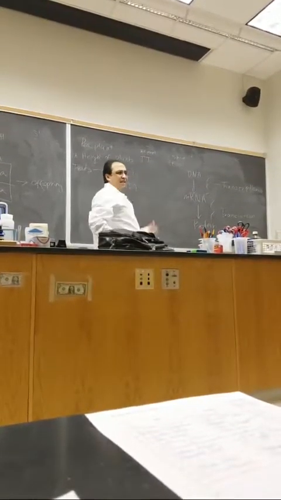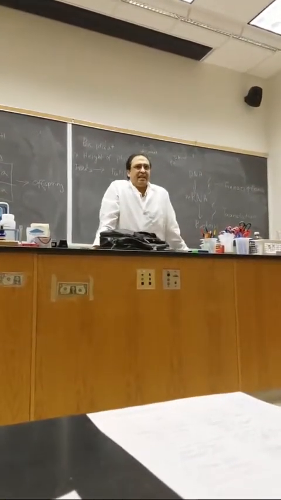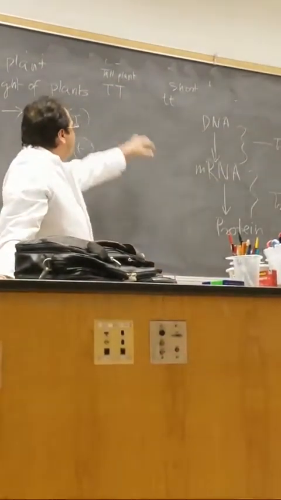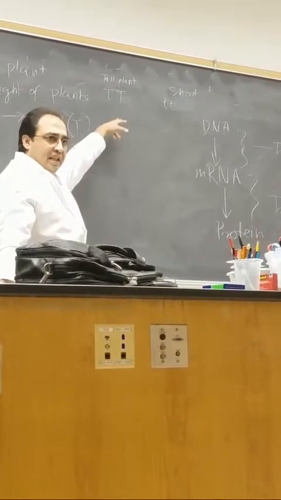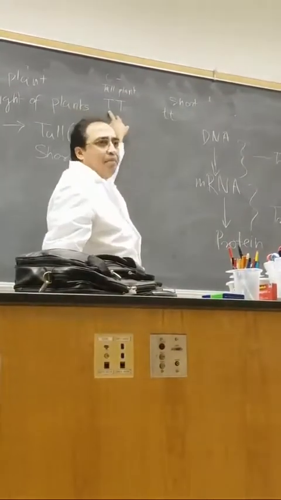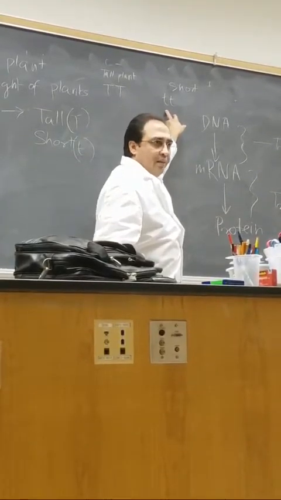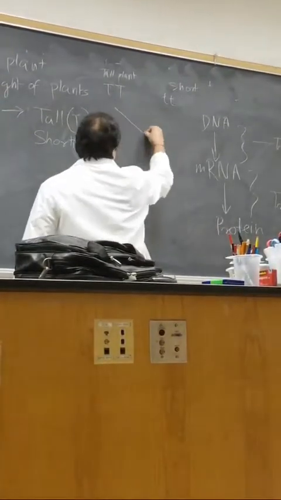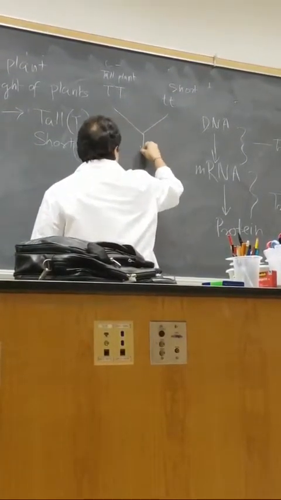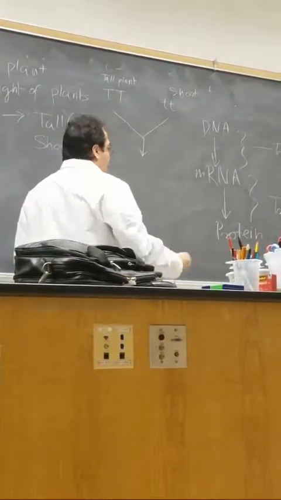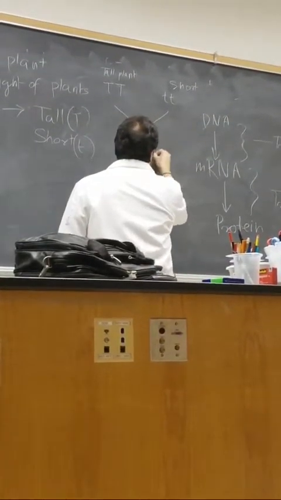I am naming the genes like this, capital T and small t. Okay? So this is in diploid condition. If this is diploid, they must have 2 capital T here and they must have 2 small t here. Okay? When he crossed these 2 plants, he got a plant which is tall.